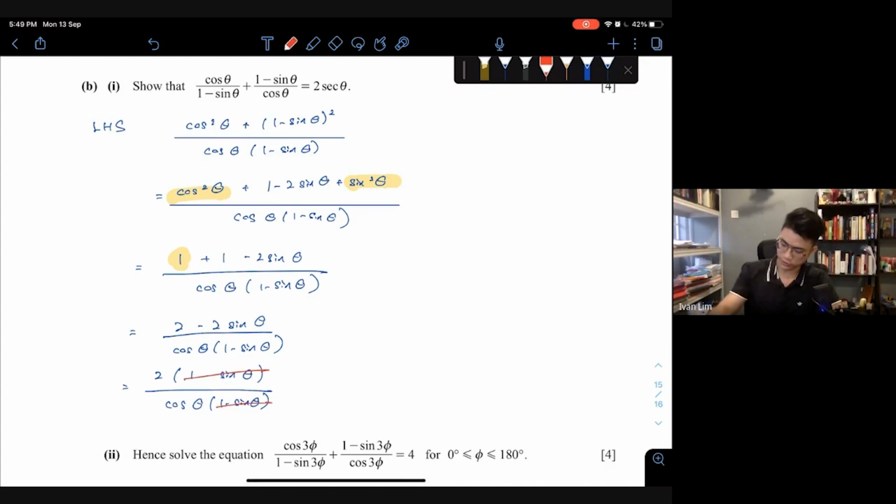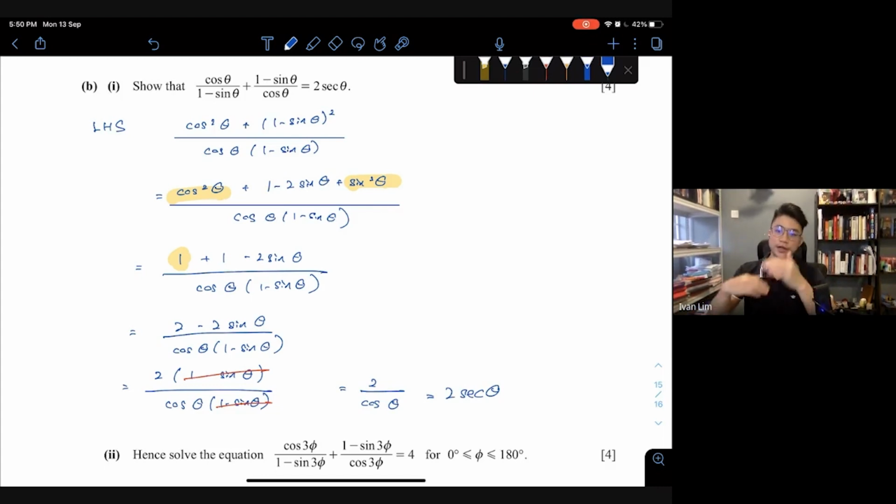Cancel, which is 2 over cos theta, which will give you 2 secant theta. Easy, this one, the proving question.